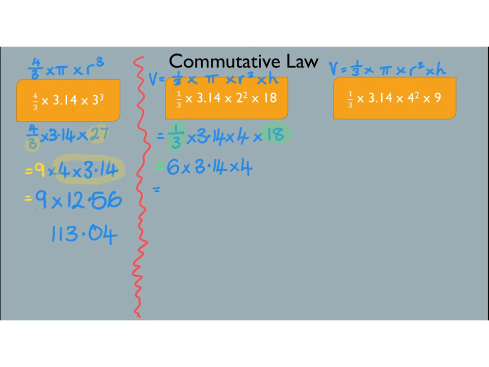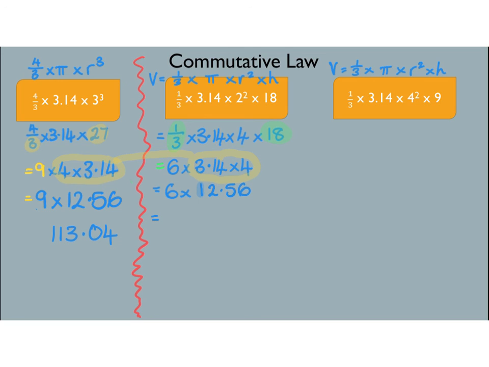Now my sum that I'm left with only has multiplies in it. From the last question, I've got the answer to 3.14 times 4. We did that last time as well. It was 12.56, so to save myself from doing lots of extra work, I'm going to copy that in from the last question.